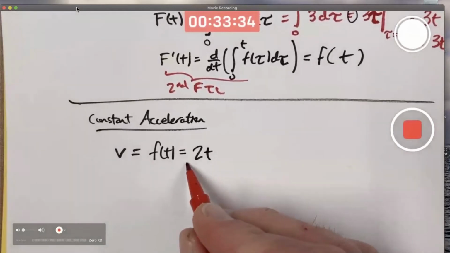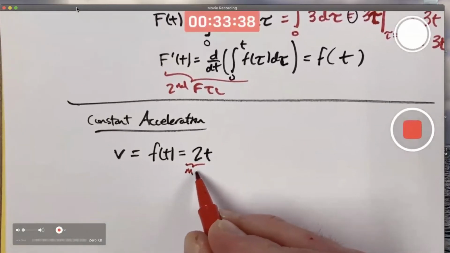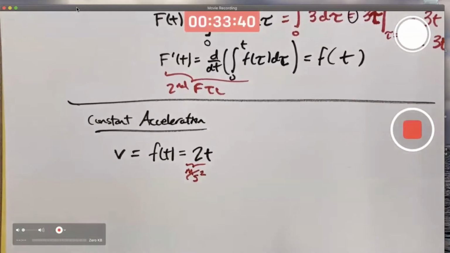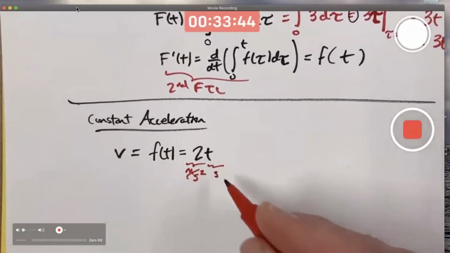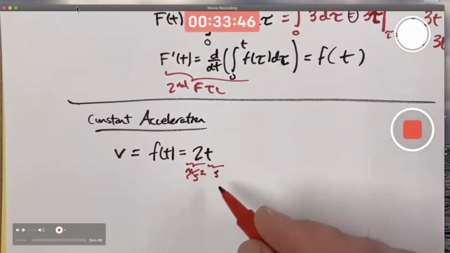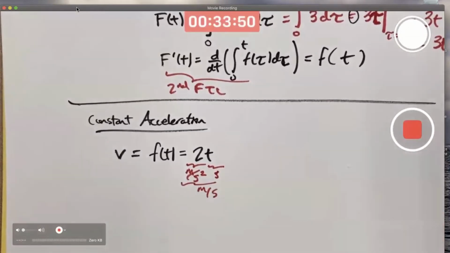The 2 effectively has units of acceleration, meters per second squared. The t has units of seconds. One of the seconds cancels. The final answer is in meters per second. The product 2 times t, since 2 has units of acceleration and t has units of time, has units of speed or velocity.